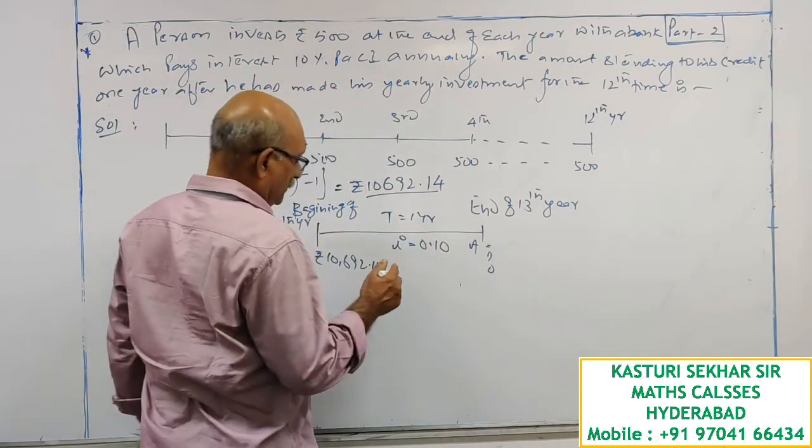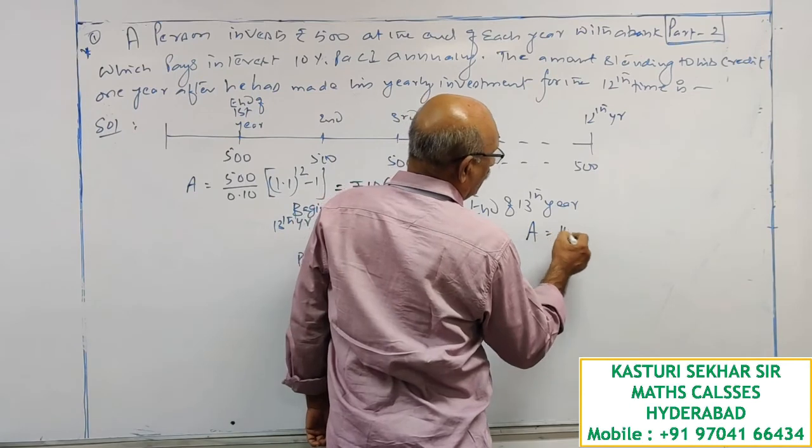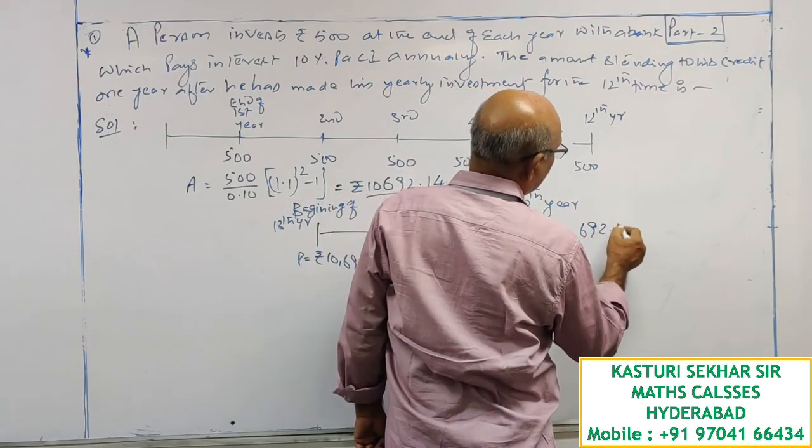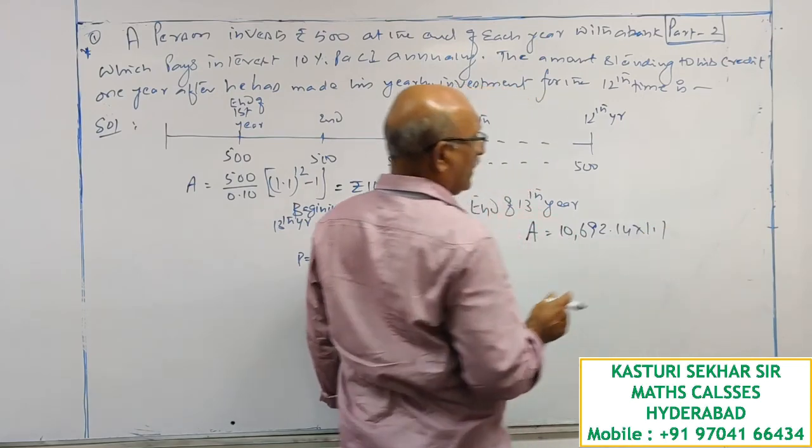So amount is equal to 10,692.14 into 1.1.